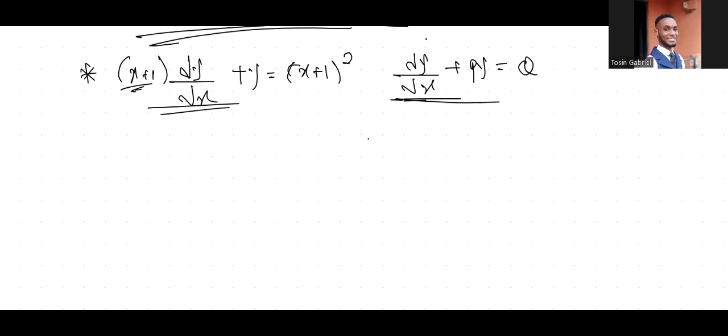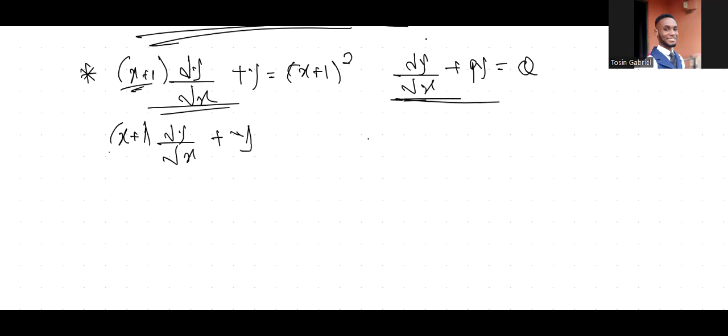So if you divide by x plus 1, we'll have that x plus 1 dy/dx plus y is equal to (x plus 1) squared.